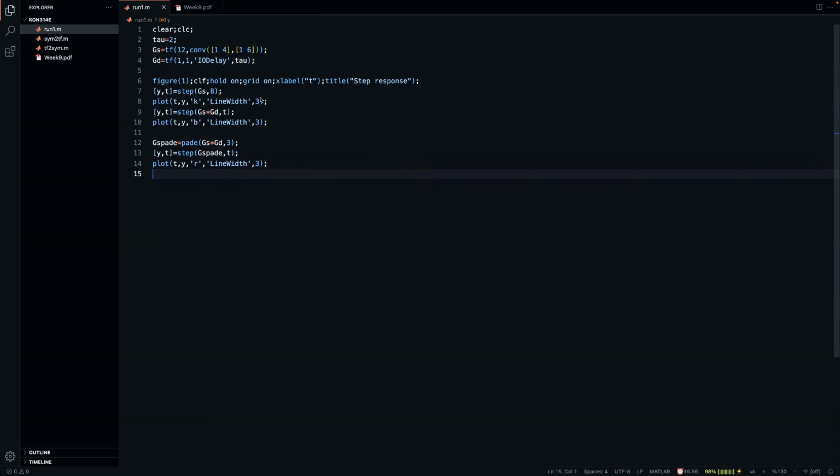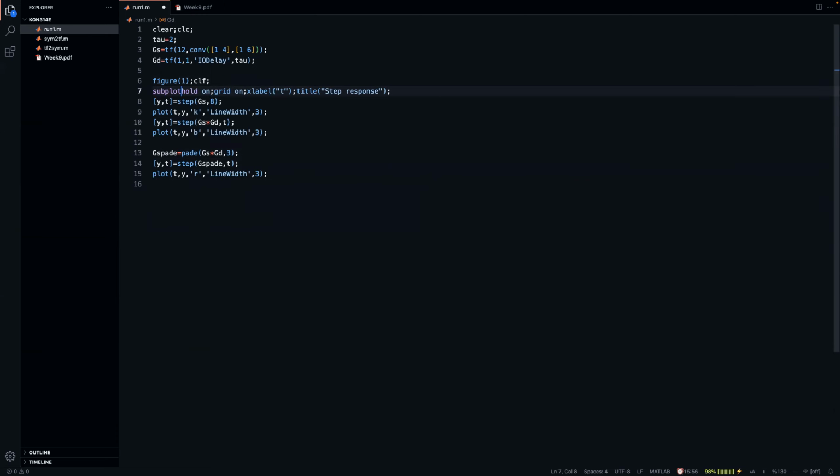So what we can also do in order to see what's really going on here is add the pole-zero map to it. So let's call this ax1 equals gca, ax1, ax1.